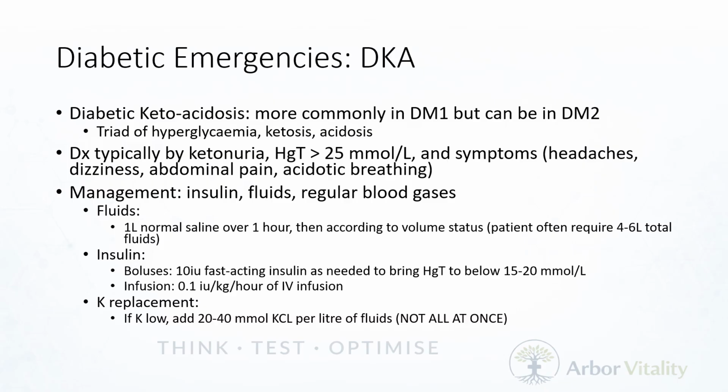Again, sometimes, especially when people's HGTs are above 30, they may need up to 5, 6, 7 doses of their insulin. Or alternatively, you can do an infusion. Typically, infusions are done in more of a hospital ICU setting, at 0.1 IU per kg per hour IV infusion, obviously with regular glucose monitoring.